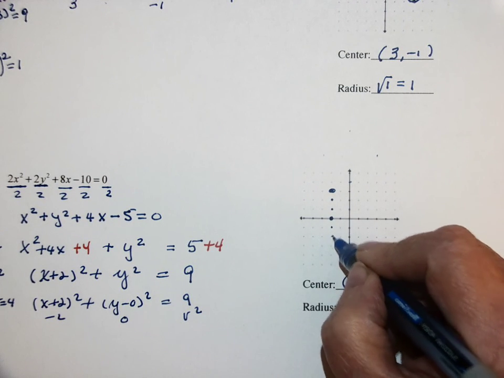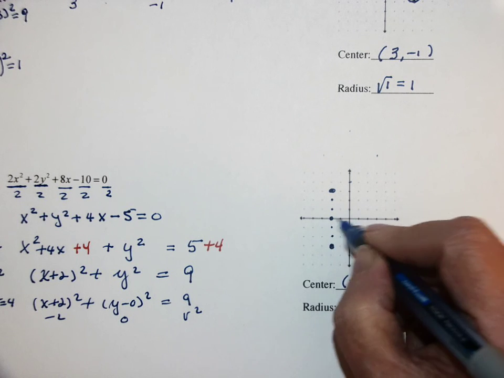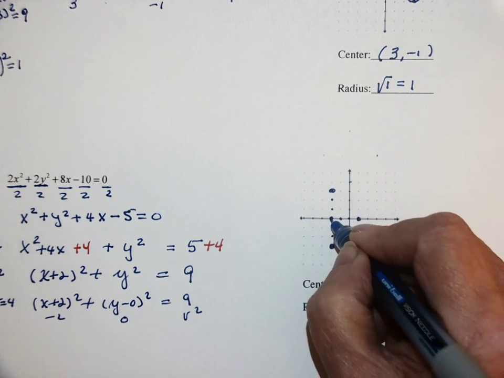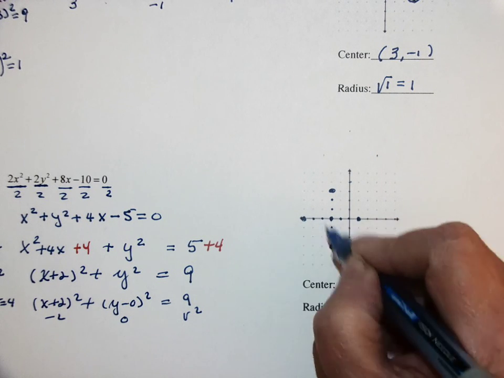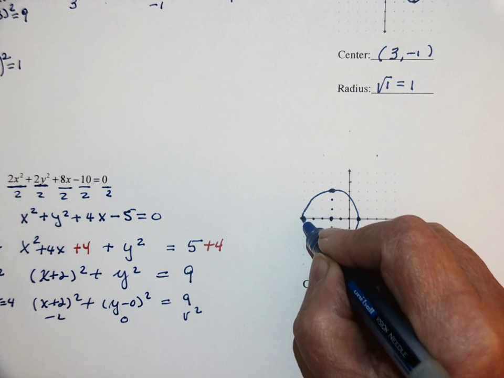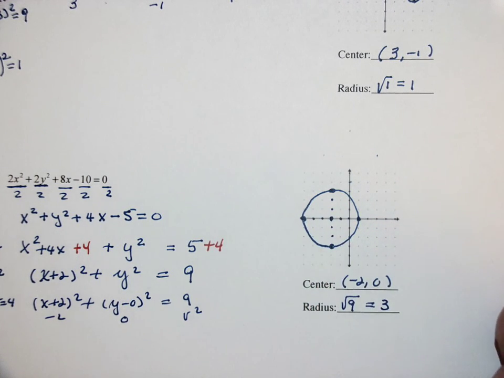Down 1, 2, 3, right 1, 2, 3, left 1, 2, 3, and he's a nice big circle. So that's our review of circles.